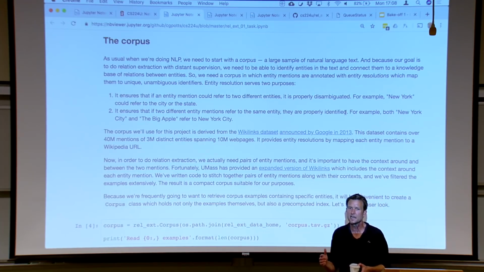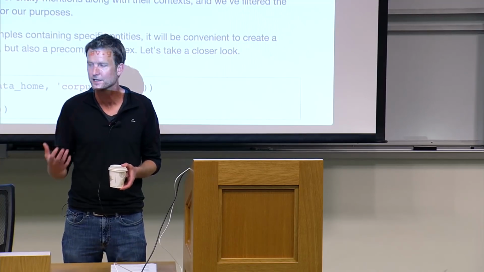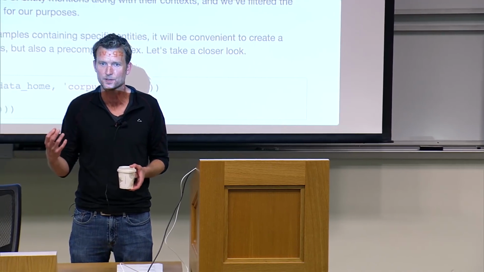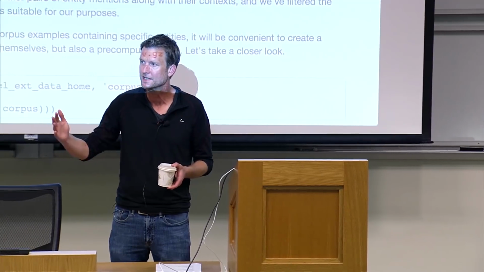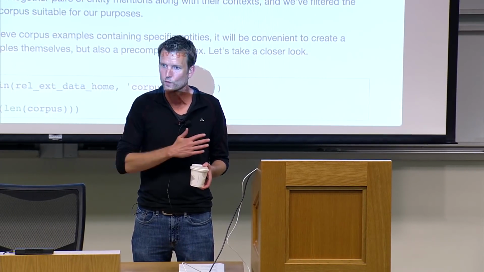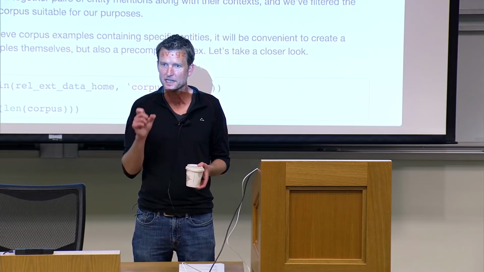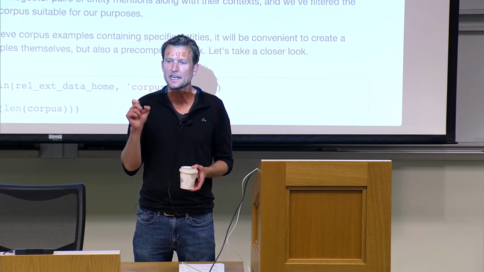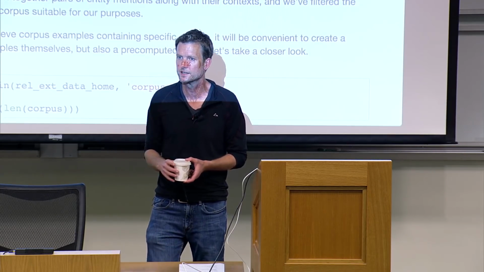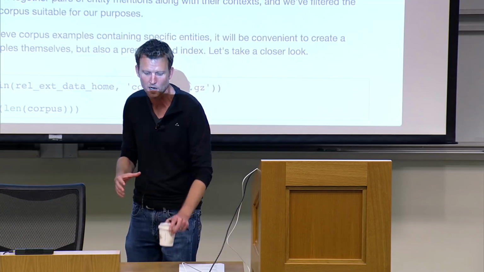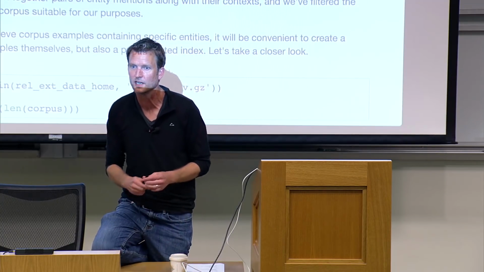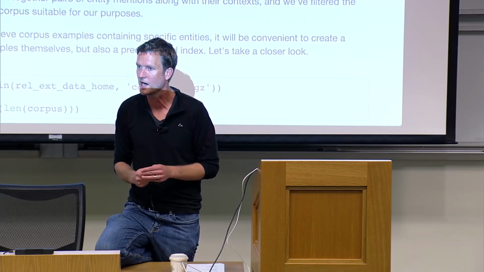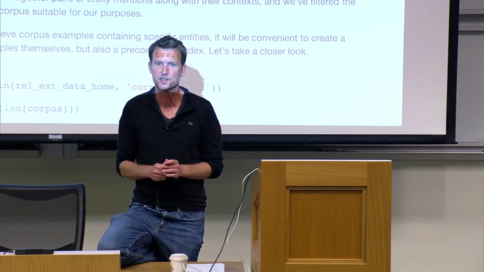What Google did is Google has a terrific entity resolution module in-house, and they just ran this entity resolution system over millions of web pages and basically recorded the results. So the entity resolutions that appear in the WikiLinks corpus are not the result of human annotation. They're the result of a model that's just running over web pages.